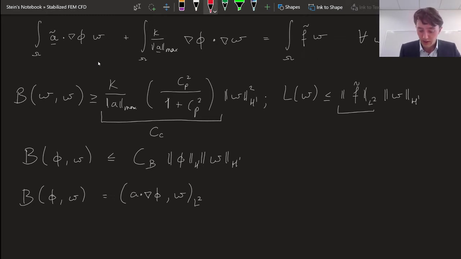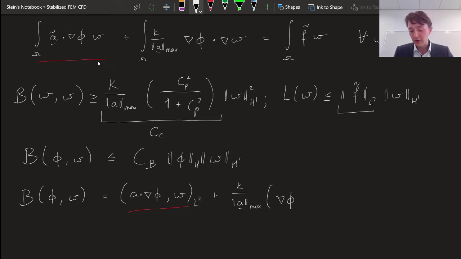That's the exact same thing as this first integral, that was the definition of the L2 inner product, plus, and I'll already pull out this expression, kappa divided by the maximum norm of our velocity vector, multiplied by the L2 inner product of gradient of phi and the gradient of W.